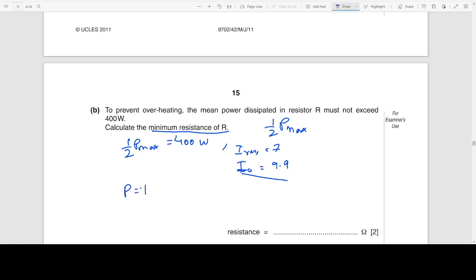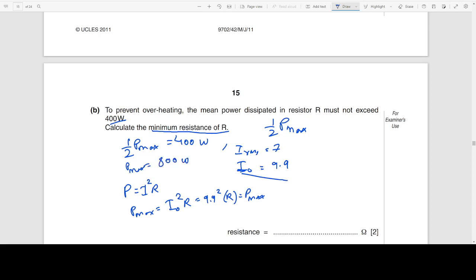So P equals I square R. P max is equal to I naught square R, which is 9.9 square into R. This is going to be P max, and we know the mean power must not exceed 400, so P max should be equal to 800 watt.